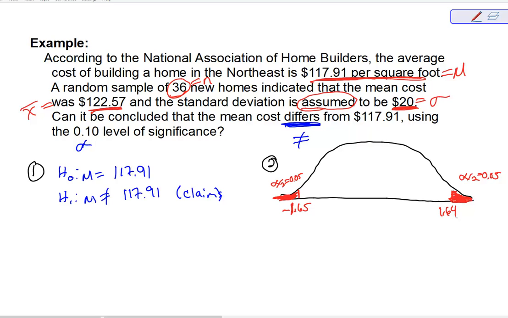I'm okay with either one. Okay? So these are your critical values, which is step 2 and step 3.